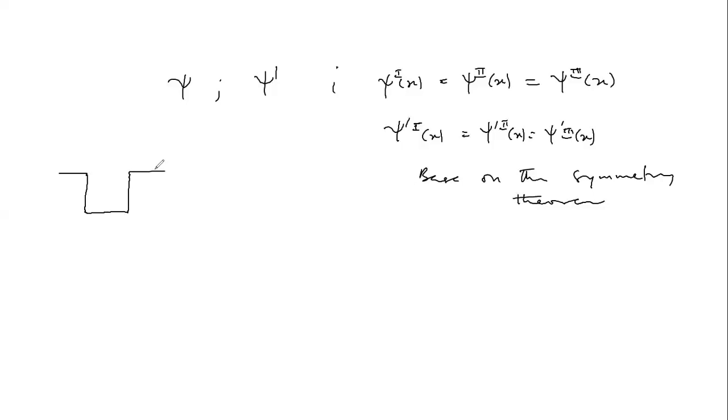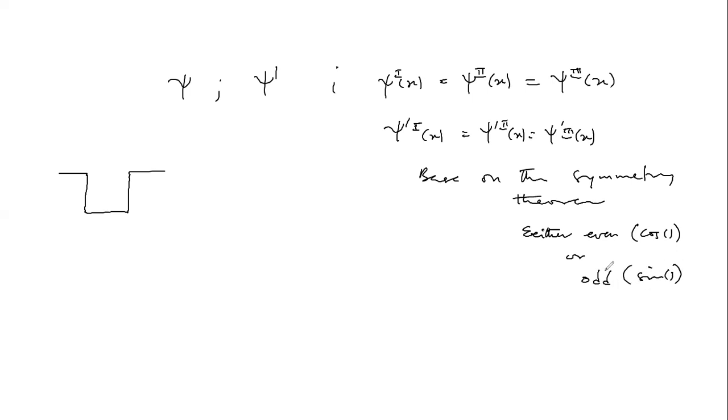We already know that based on the symmetry theorem, we cannot have both even and odd components in the solution. It's either an even component or an odd component. So it's either even, having cos, or odd, having a sine function.